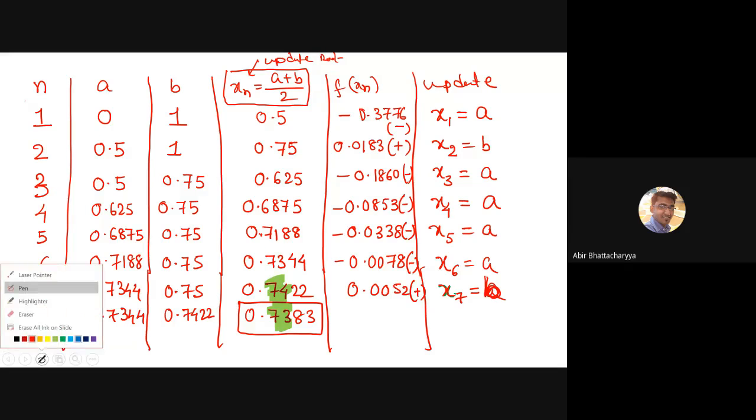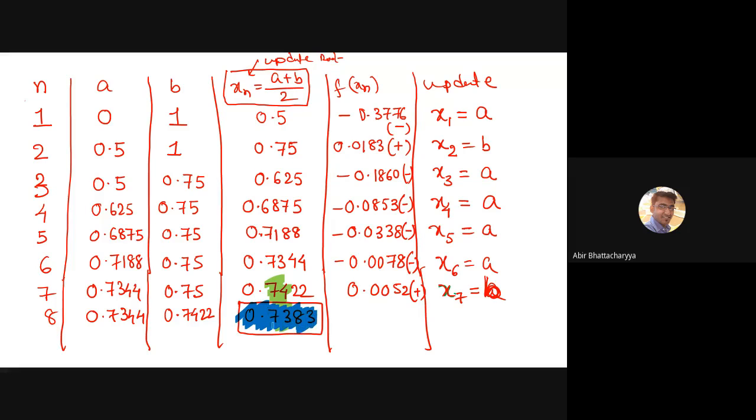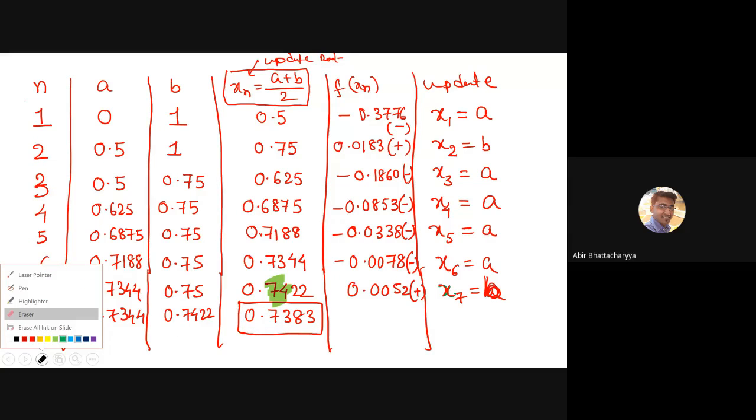All right, up to 2 decimal places. So the root up to 2 decimal places is 0.74.